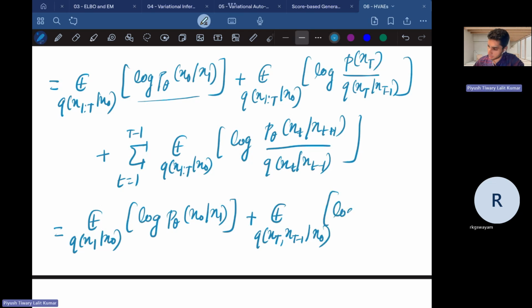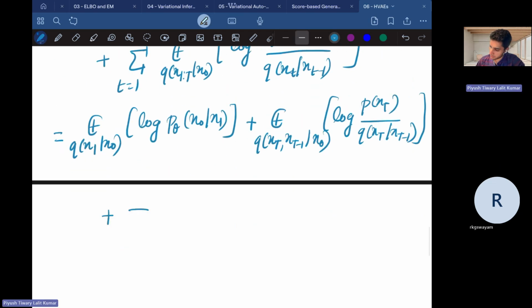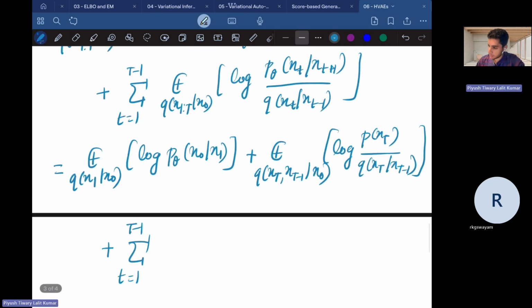You can just remove them: log of p of xt divided by q of xt given xt minus 1. And similarly, the third term is a summation over t equal to 1 to capital T minus 1. This thing only depends on xt plus 1, xt and xt minus 1.